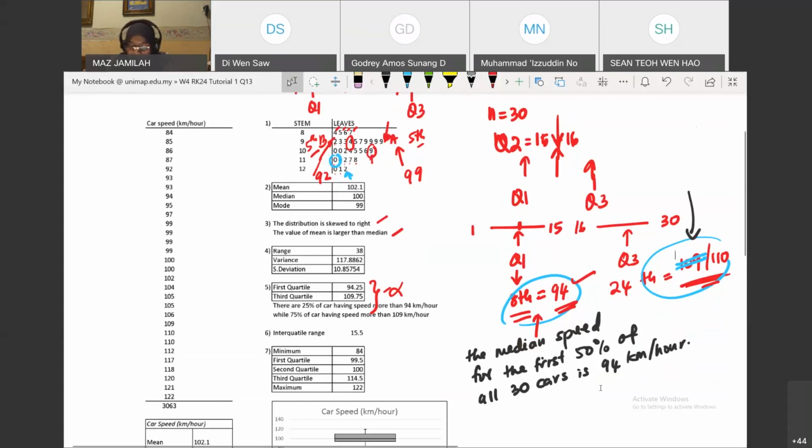Can someone try? The first or the lower? I think it is better to put lower. So what will be the interpretation for 110, class? Hurry up, please. You can just follow this particular answer.